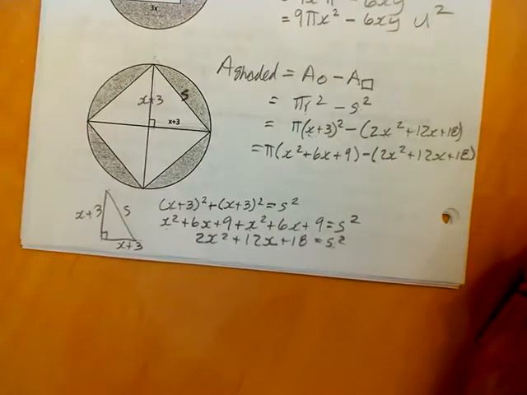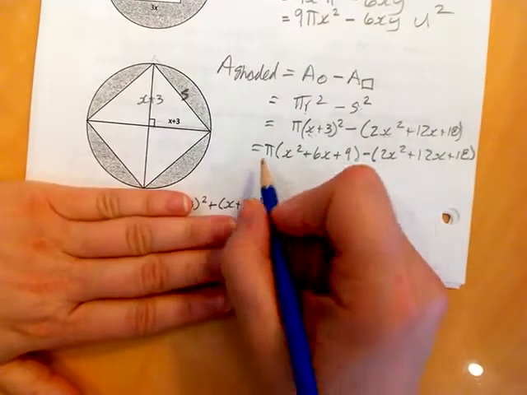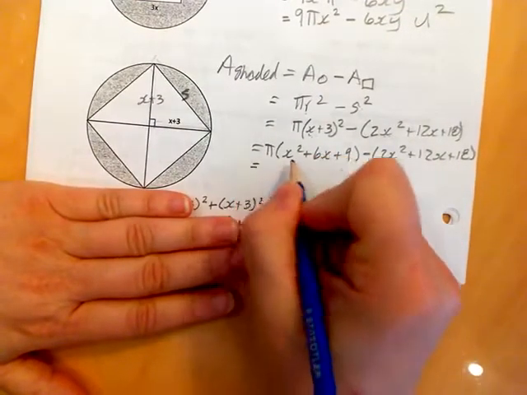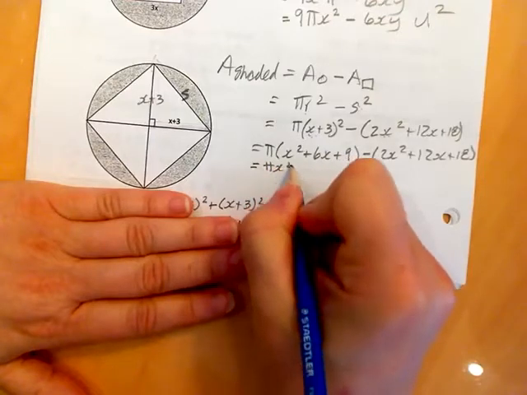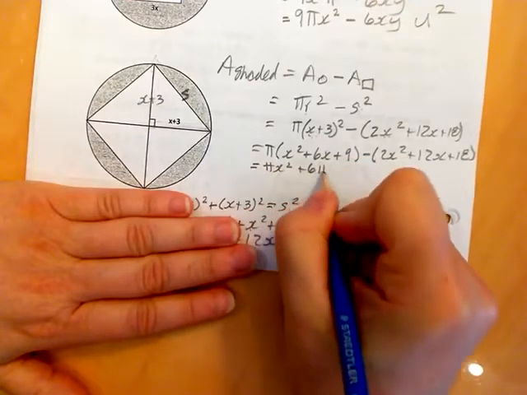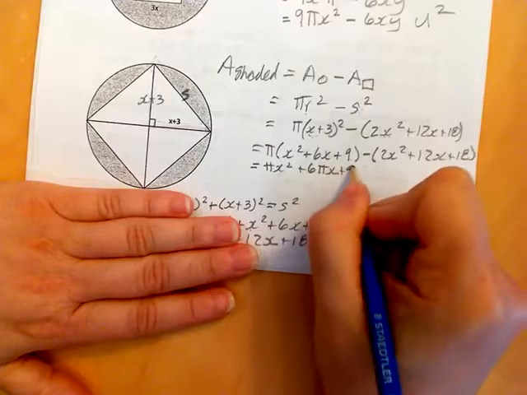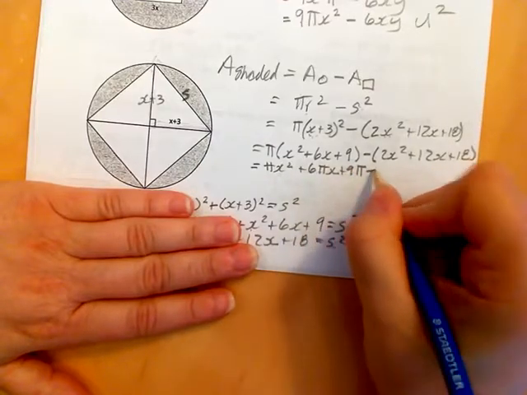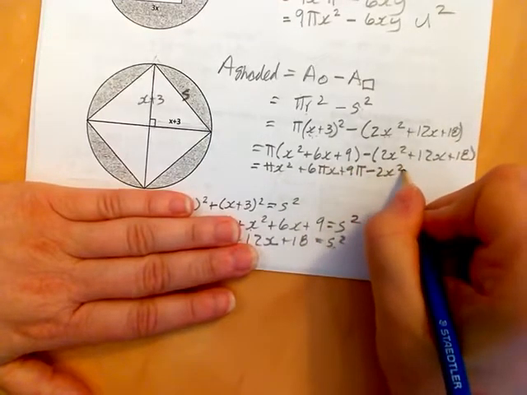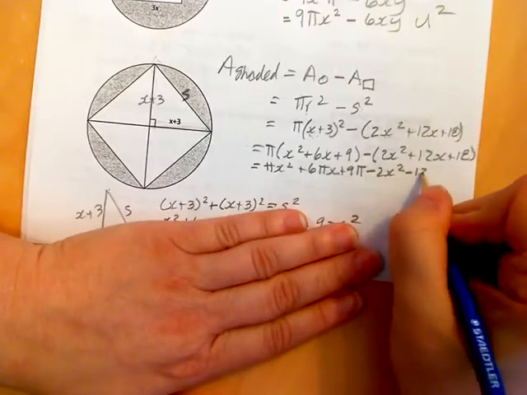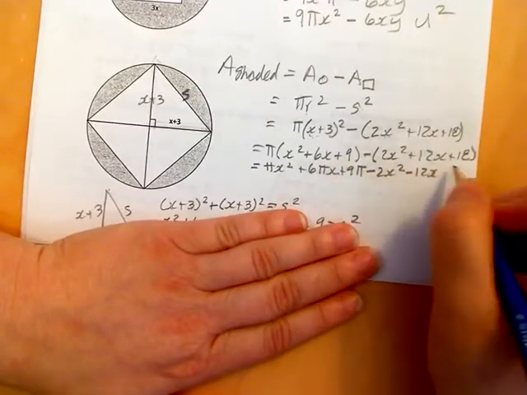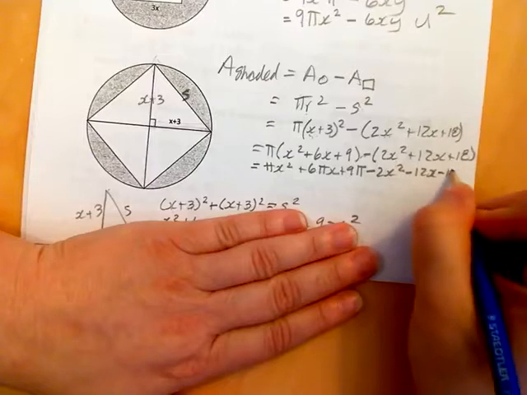Now, is there any way for us to collect any of this? Let's see here. So I've got pi x squared plus 6 pi x plus 9 pi minus 2x squared minus 12x, right, because I'm distributing my negative in, minus 18.